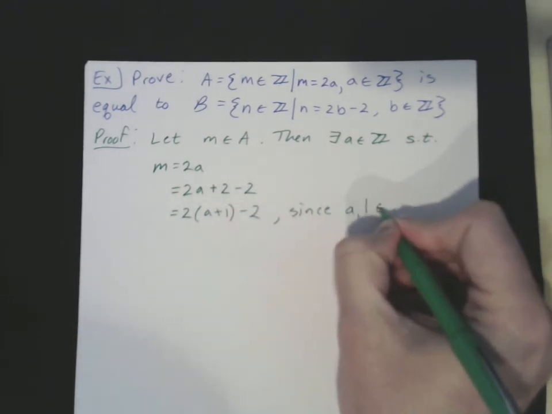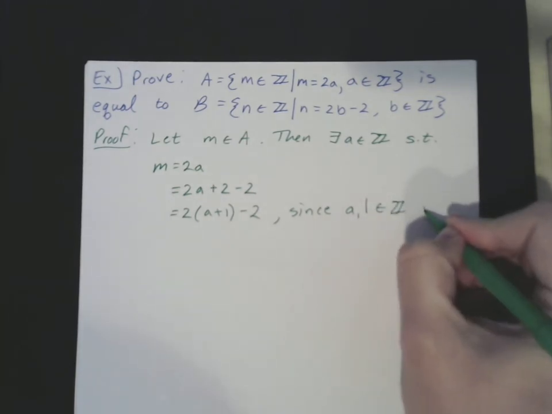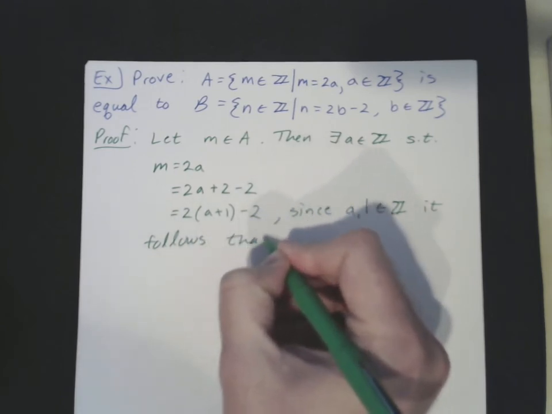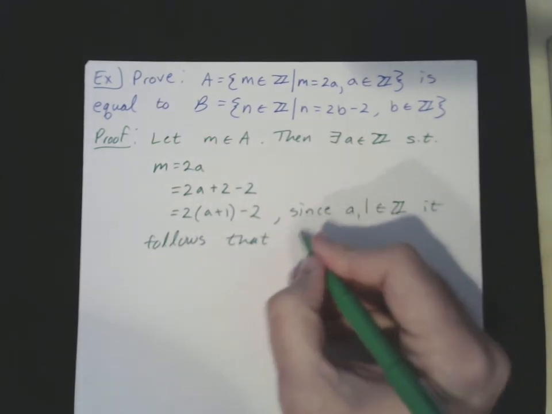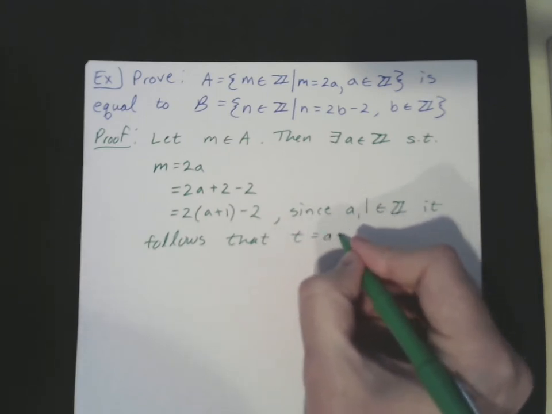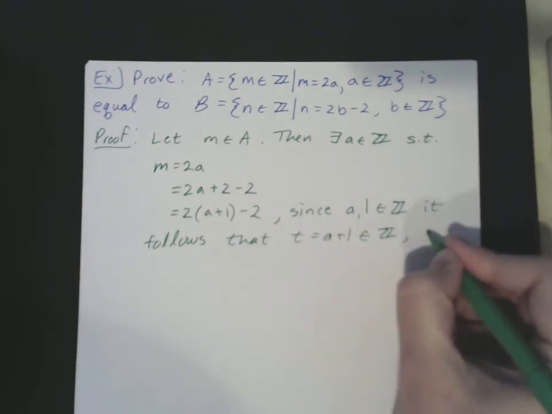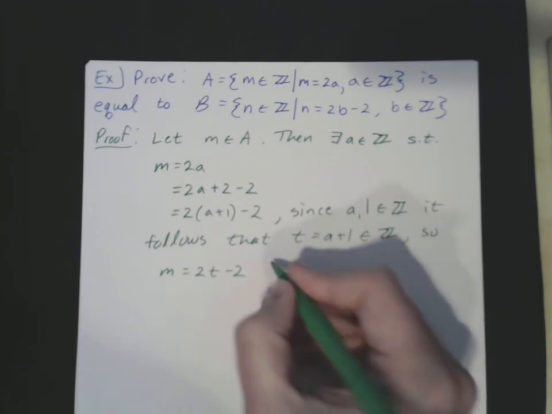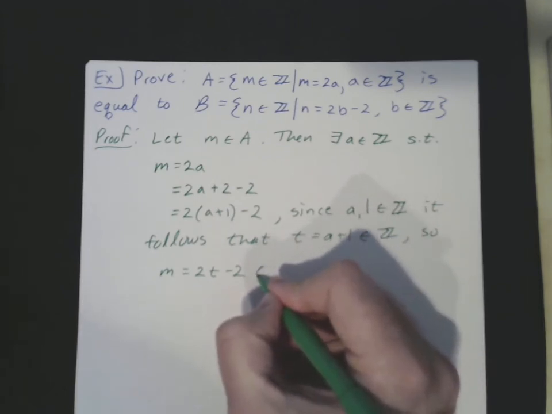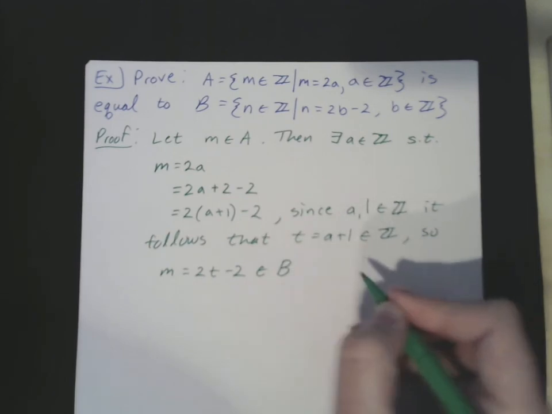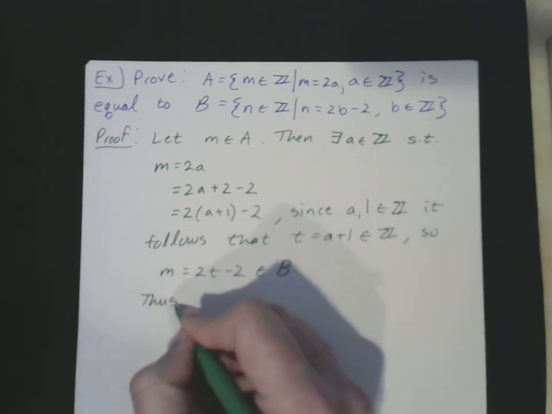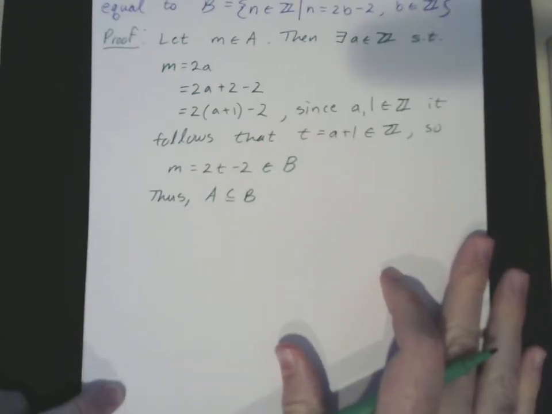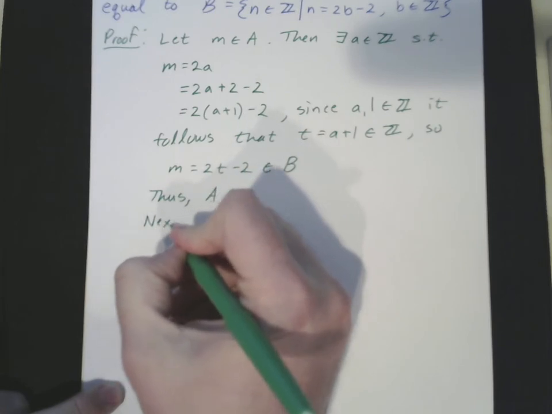Since a and 1 are integers, it follows that t equals a plus 1 is an integer. So m equals 2t minus 2, which is, of course, an element of B. Thus, A is a subset of B. So now we have half.